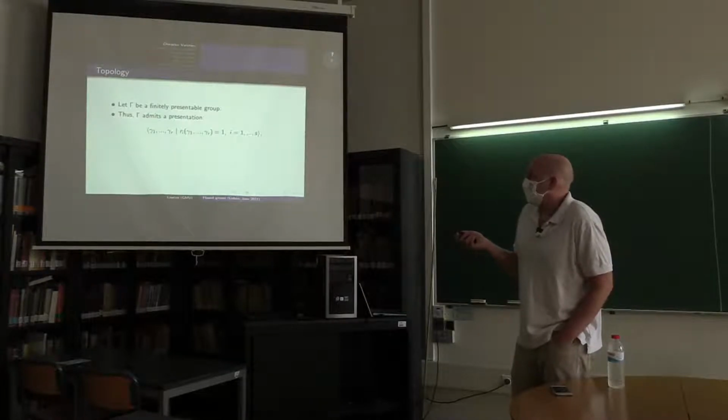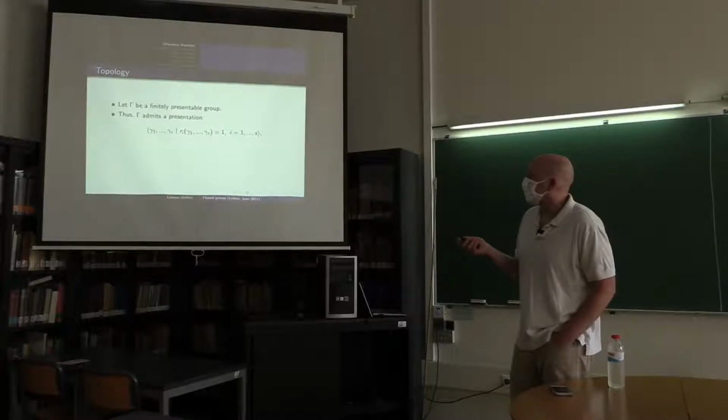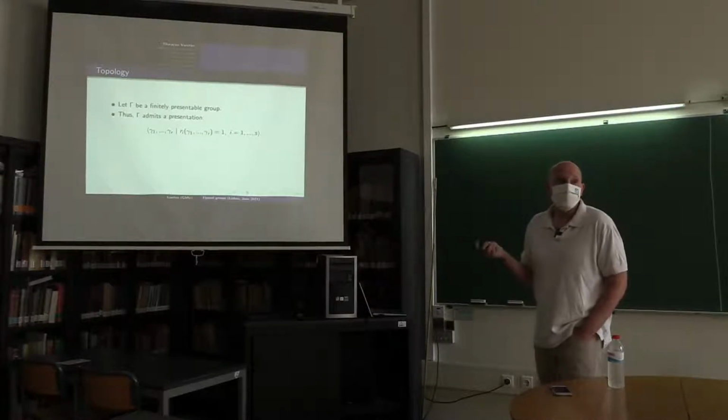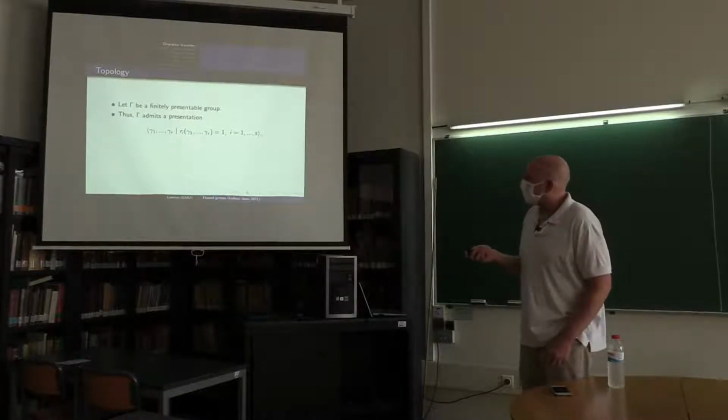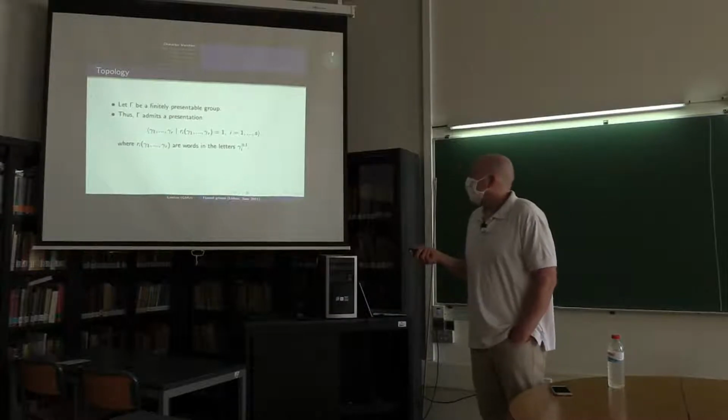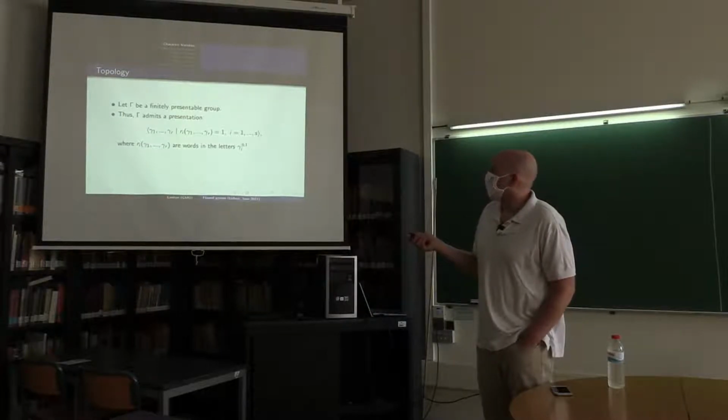But it doesn't have to arise in that way. You can just think of it as a collection of symbols, your generators, subject to some conditions, the relations. And since it's finitely presentable, there's a finite list of generators and a finite list of relations. The relations are words in this set of letters, characters.